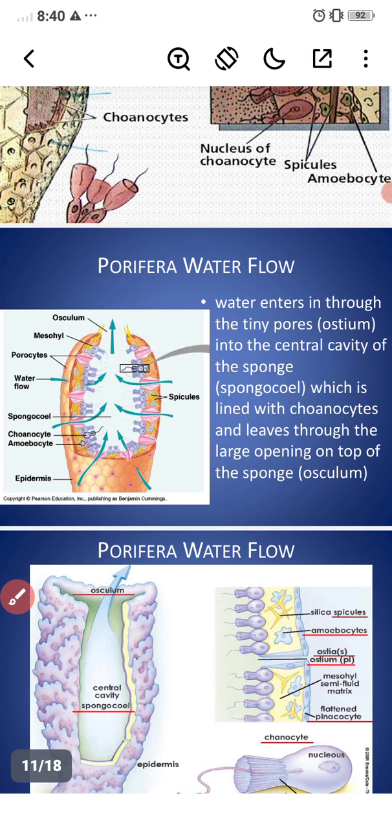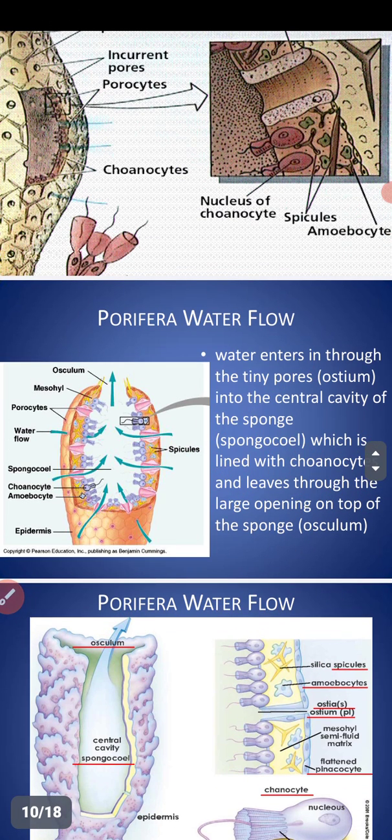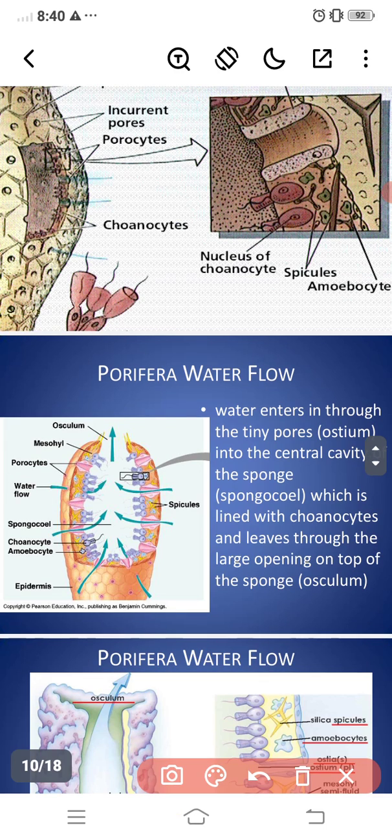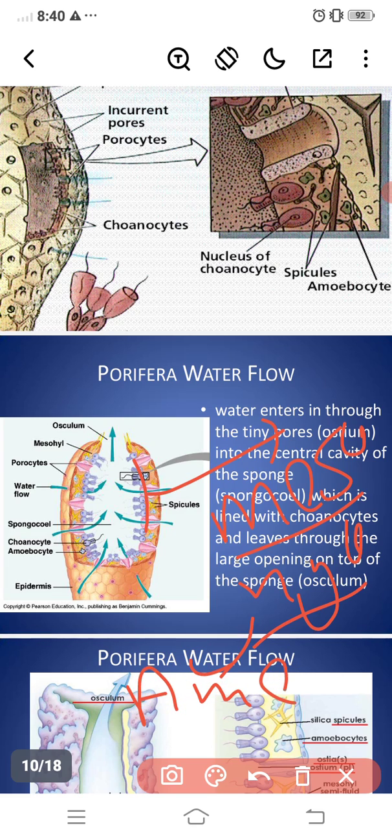After this, there is a non-cellular structure which is called the mesohyl. This mesohyl contains amoebocytes.